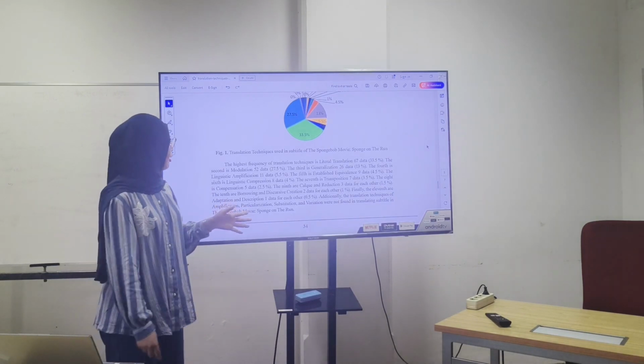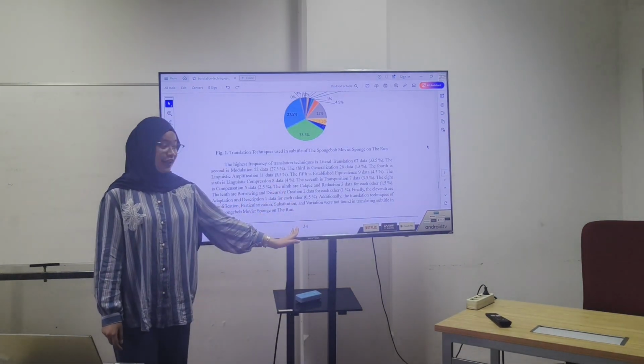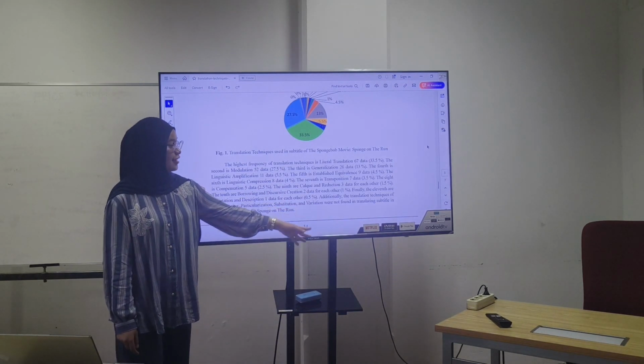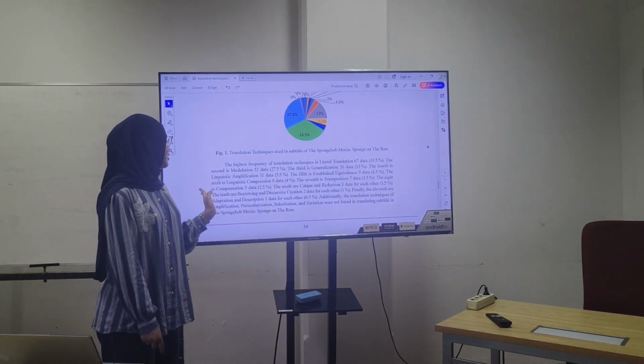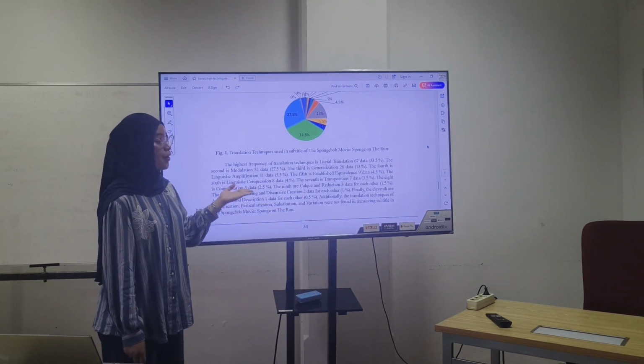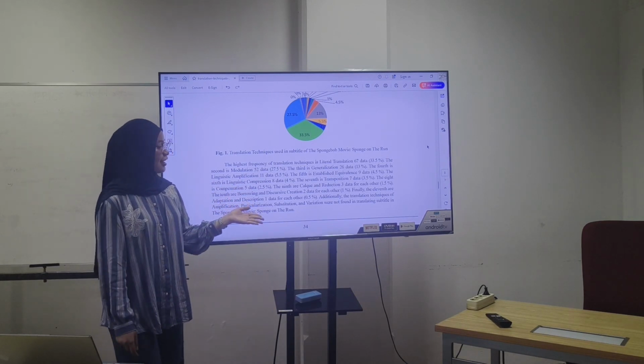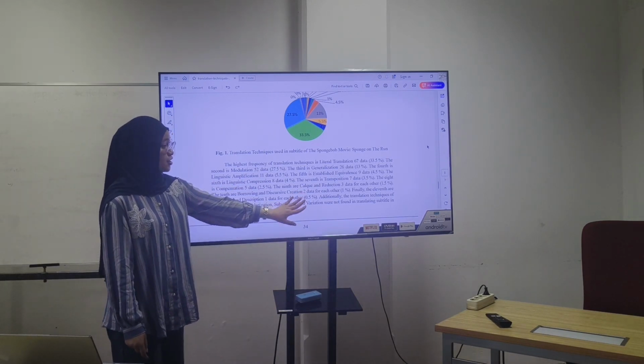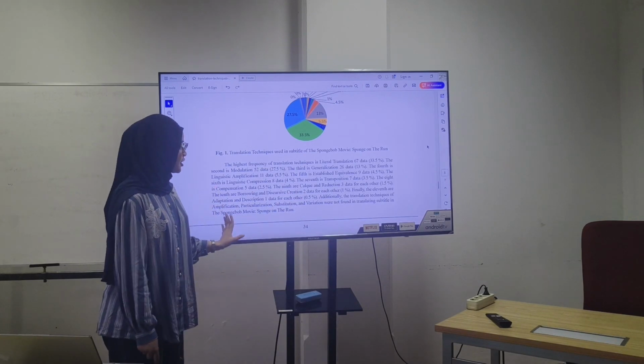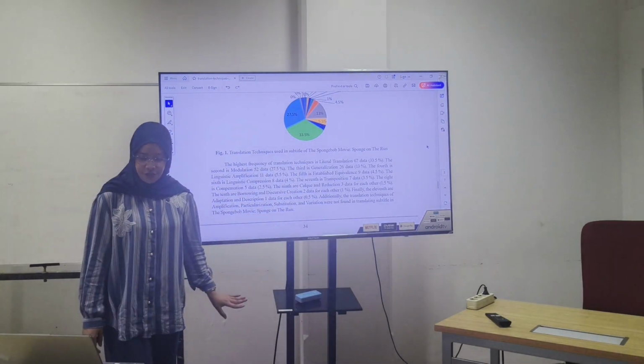The fifth one is established equivalence, which has 9 data. The sixth one is linguistic compression, which has 8 data. The seventh is transposition. The eighth is compensation, and so on and so forth.